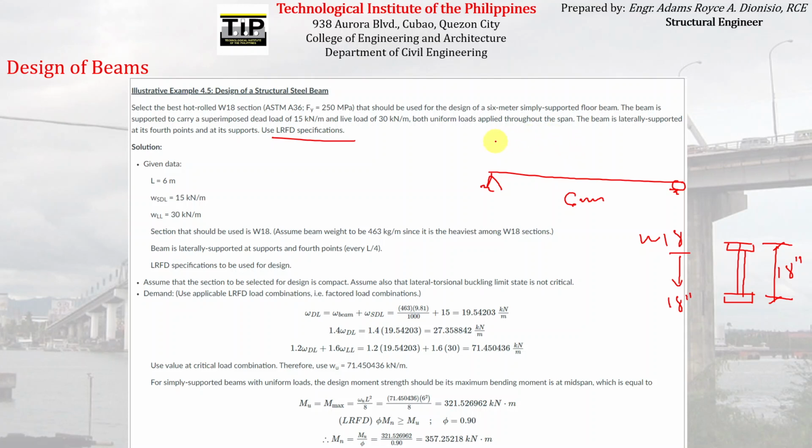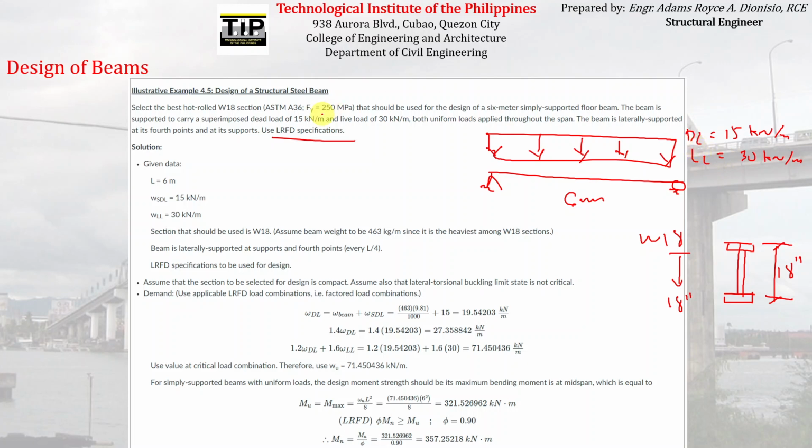It is loaded by a uniformly distributed load coming from a dead load equal to 15 kilonewton per meter and a live load equal to 30 kilonewton per meter.